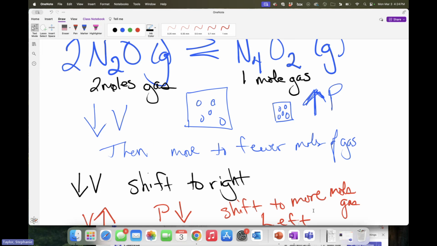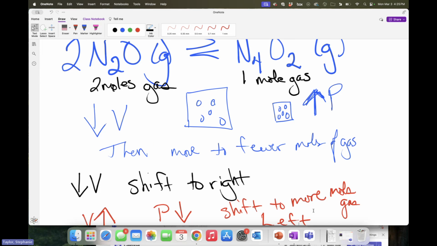And notice then that this is a shift to what? It's not just left and right here, it's a shift towards where the moles of gas are. So either it's a shift towards fewer moles of gas if the pressure has increased or if the volume has decreased, or if the pressure has decreased, we're shifting towards more moles of gas.